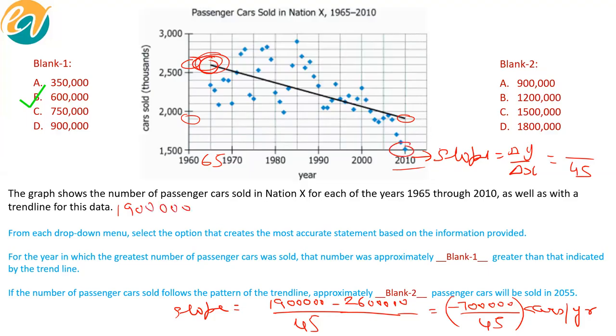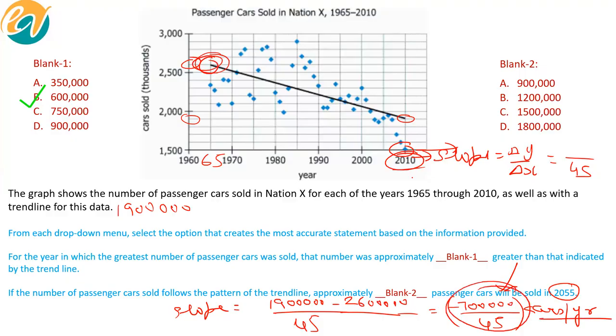And from this point onwards, for the next 45 years, why 45 years? Because from 2010 to 2055, that's 45 years. For the next 45 years, the number of cars sold would continue to reduce by these many cars per year.